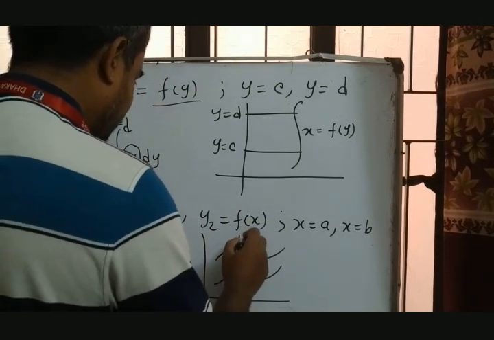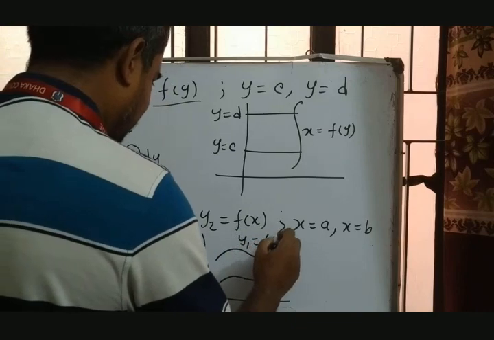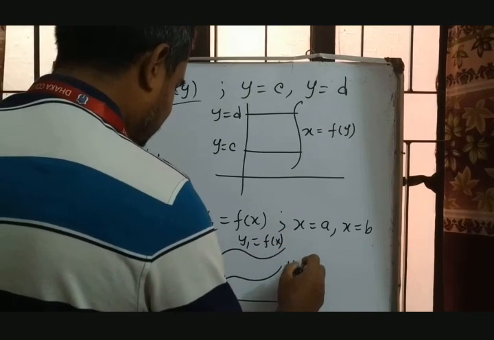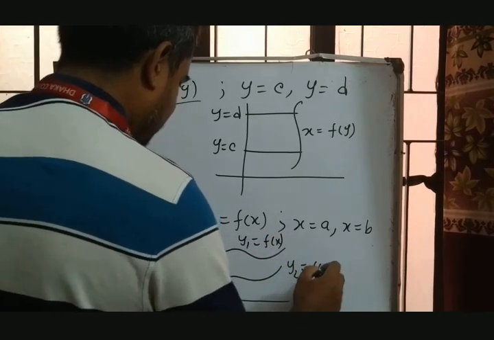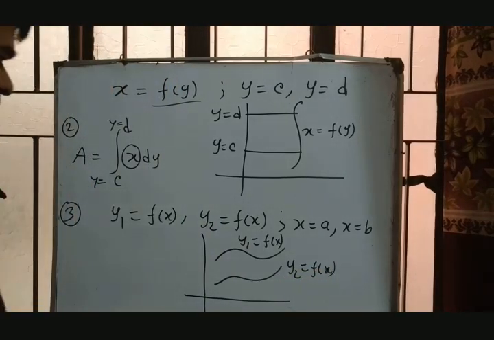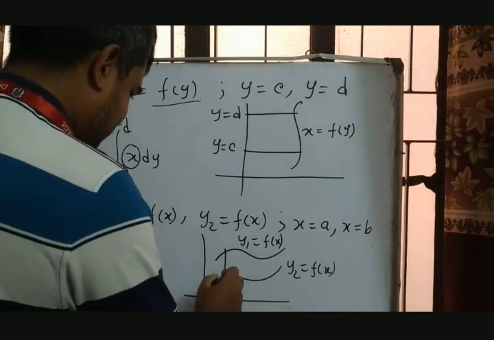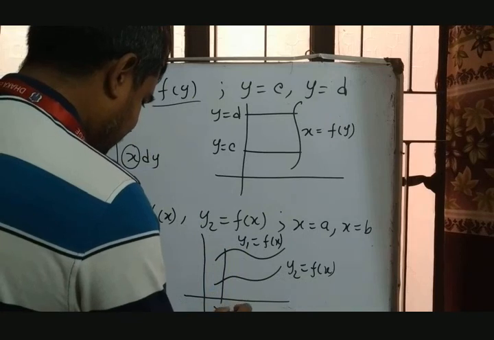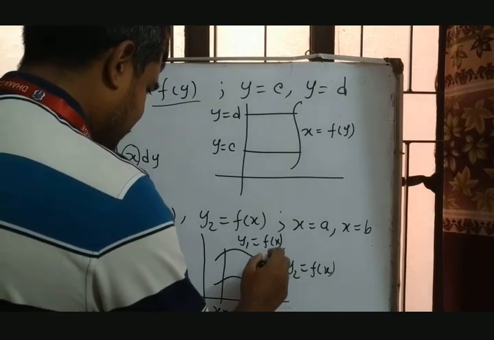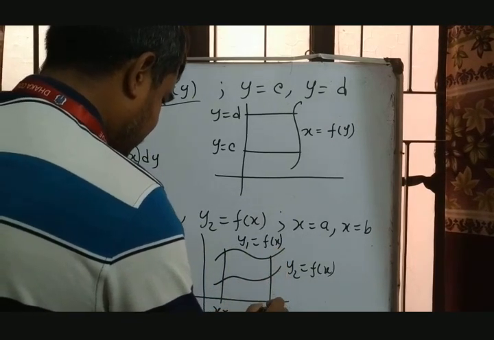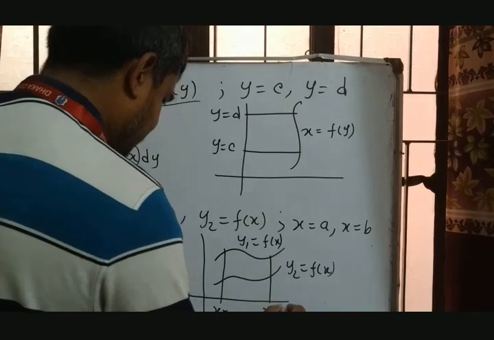This is y1 is equal to f of x, this is y2 is equal to f of x, and the limit x is equal to a, x is equal to b.